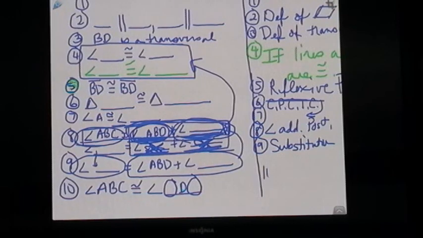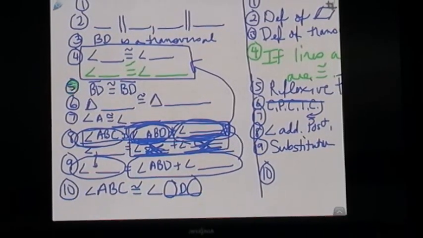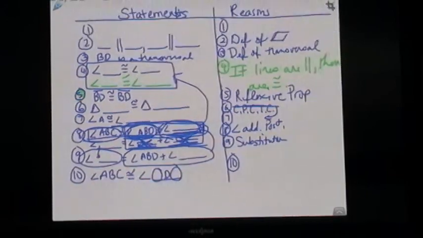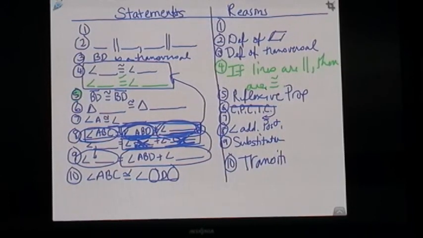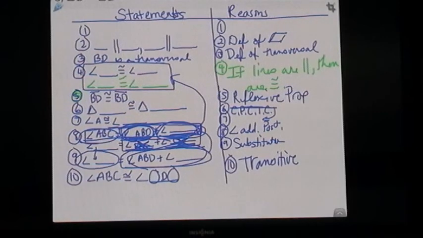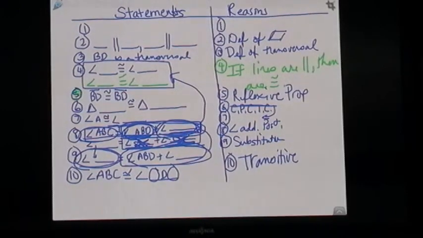Okay, and you could use 2 different properties for this one. What's the one that says if A is equal to B and B is equal to C, then A is equal to C? You could use that one. That's the transitive property. Or you could use substitution. You could say, well, I took out this and I put in this. Either way. Okay, so you should have that proven. Good job.